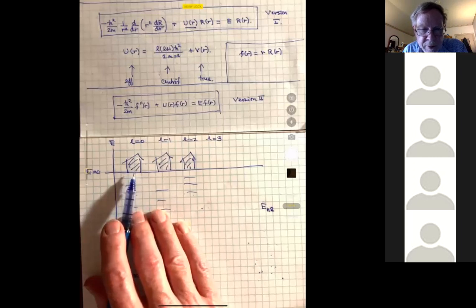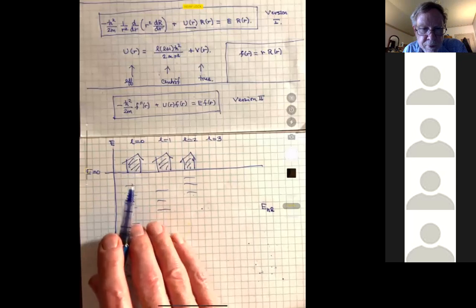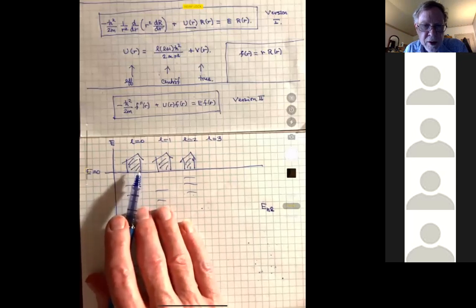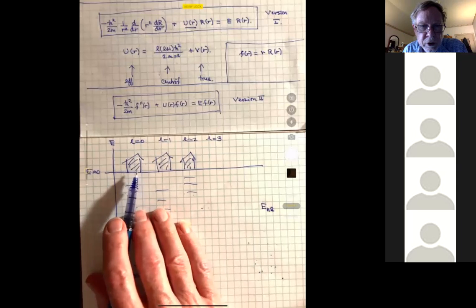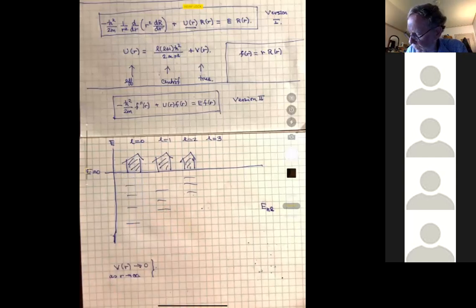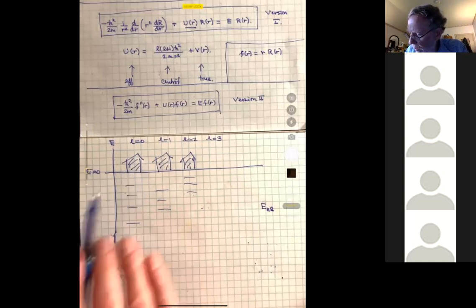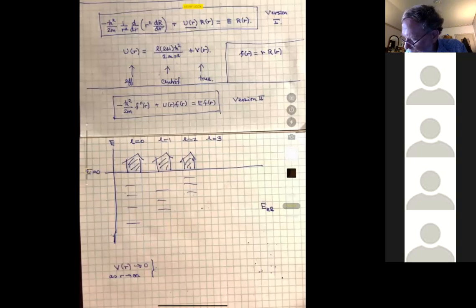The conclusion is that for both the bound states and the continuum states, the solutions of the radial Schrodinger equation are non-degenerate for a given value of energy E, thereby proving that H, L squared and L_z form a complete set of commuting observables. I'll come back to the bound states, why they're non-degenerate, in just a minute.